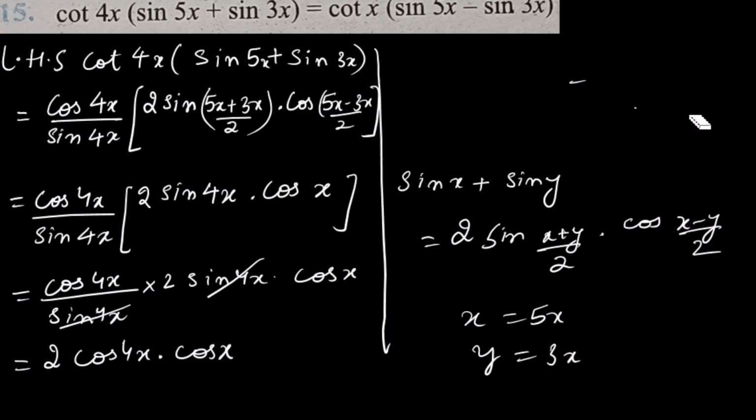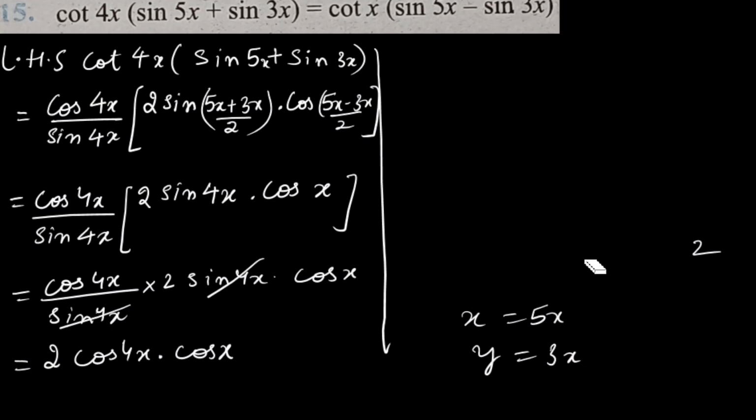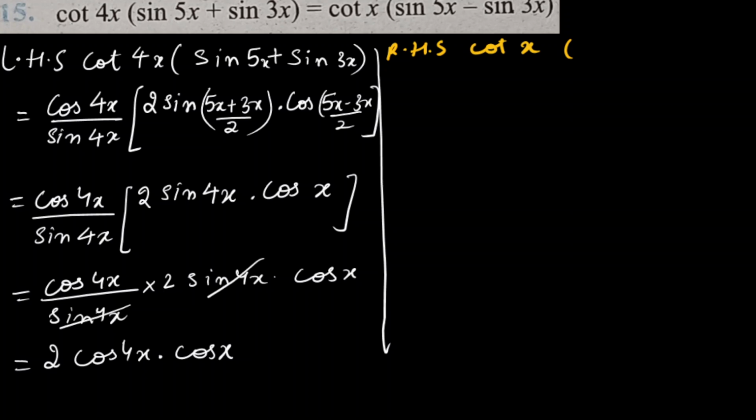So I'm going to start the right hand side now. In the same way as we did the left side, the RHS we have is cot x into sine 5x minus sine 3x.